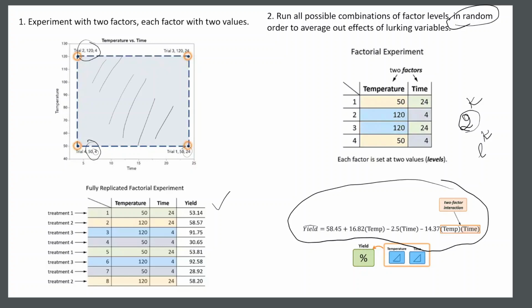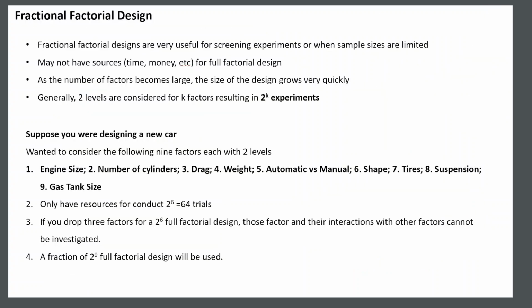If you have two levels, high and low, and k is equal to 3, we have to do 8 experiments. If k is equal to 4, we have to do 16 experiments. If k is equal to 5, it becomes 32 experiments. It keeps on doubling with just one increase in k, which means the factor. So in that case, we will be performing fractional factorial design.